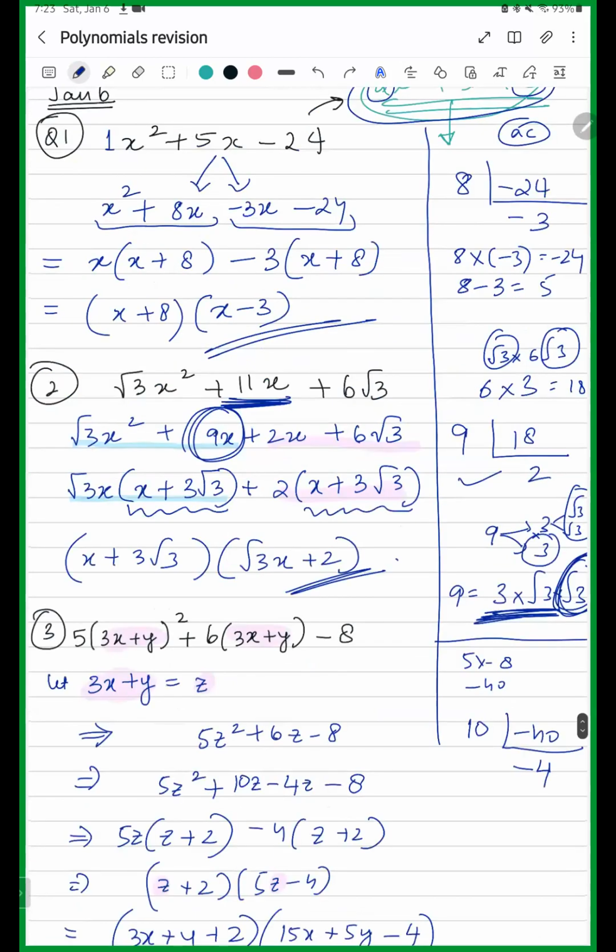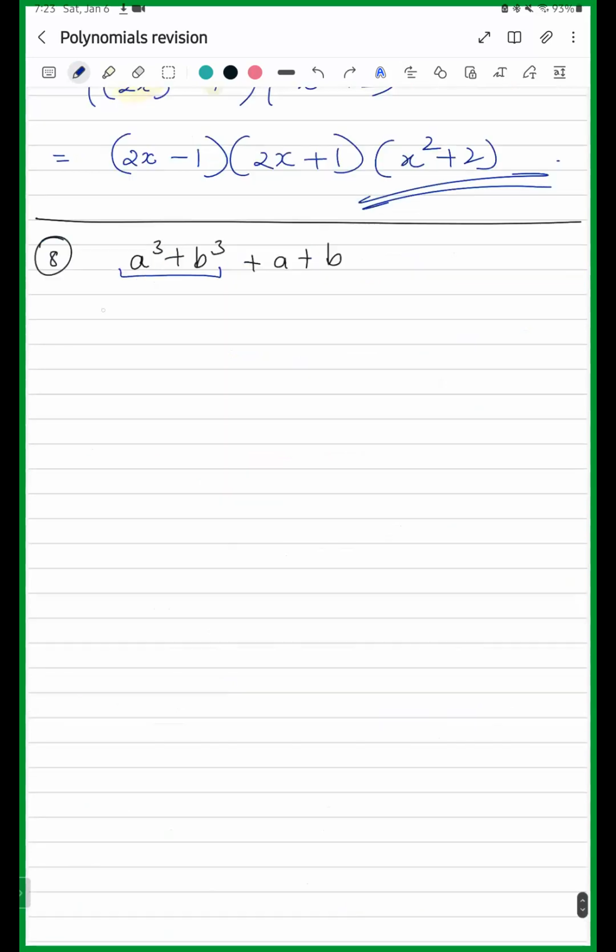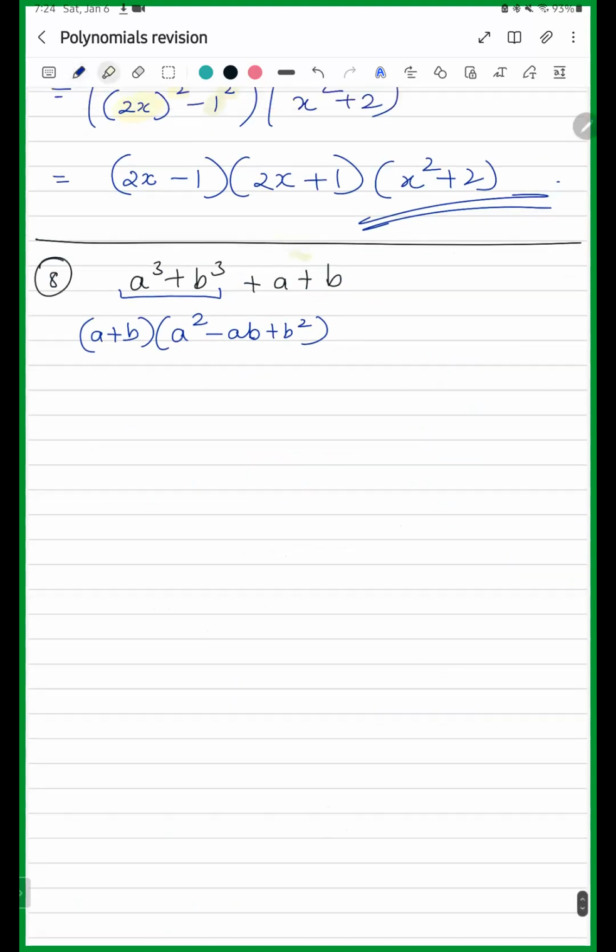A cube plus B cube is what? A plus B multiplied by A square minus AB plus B square. So this thing we have written. Then this part is remaining, that we will write as it is, plus A plus B.